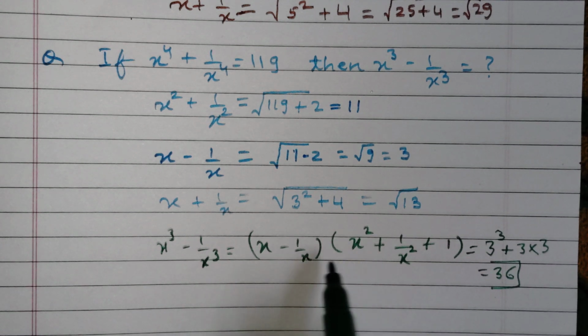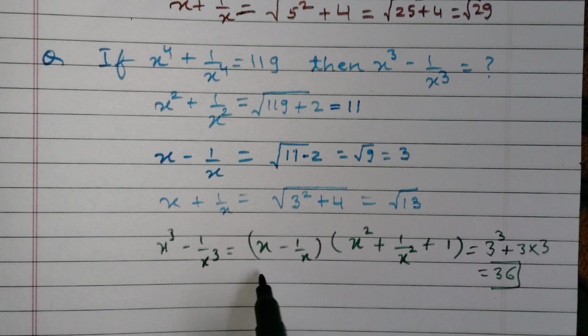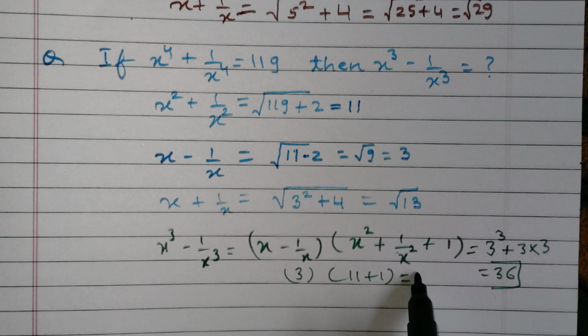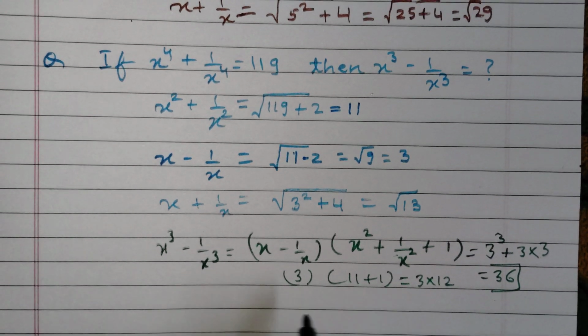In another way, by this factorization also we get 36, because x minus 1 upon x is 3, x square plus 1 upon x square is 11, so 11 plus 1 is 12, 12 into 3 also gives us 36. So both ways we can find out.